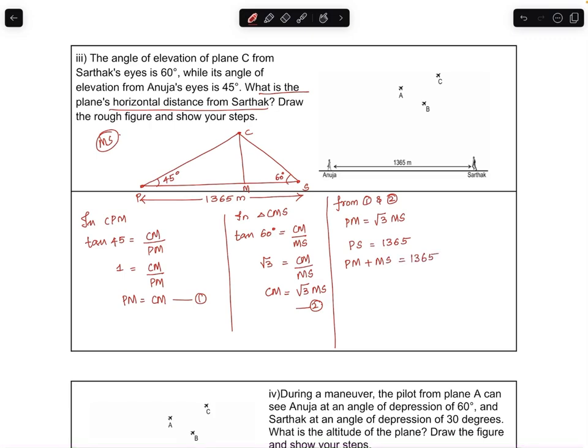Now replacing PM with root 3 MS, we get root 3 MS plus MS, which is 1365. So (root 3 plus 1) times MS is equal to 1365, and MS is equal to 1365 upon (root 3 plus 1) meters. This is the plane's horizontal distance from Sarthak.